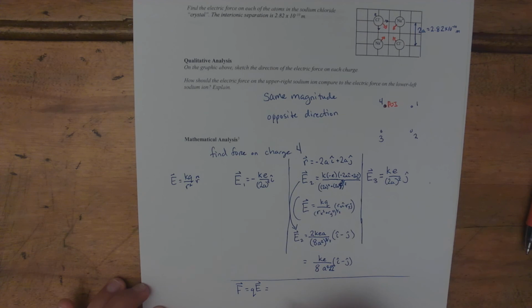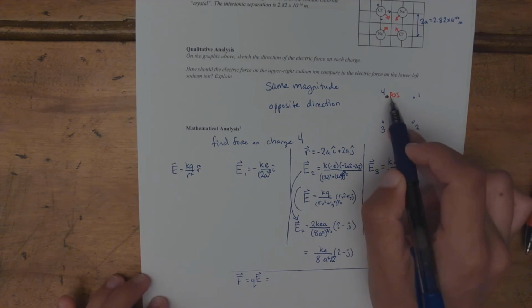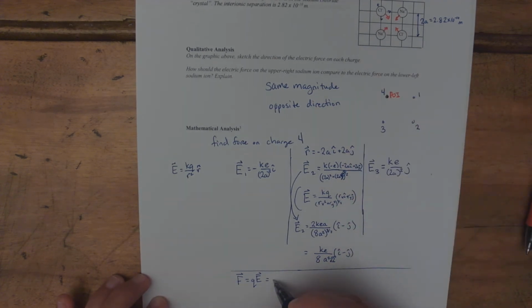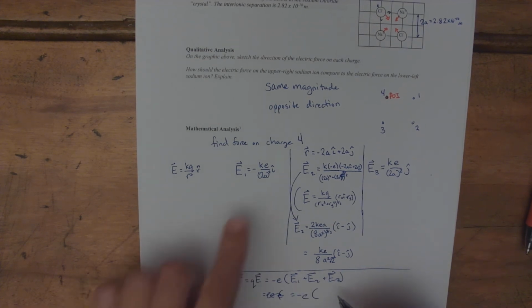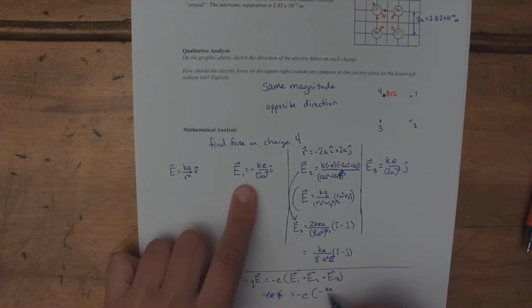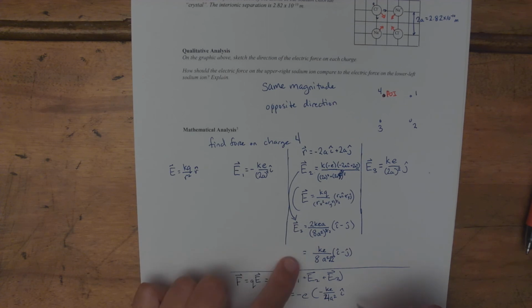So our charge is charge 4, which is negative e. And this is the net electric field, so this is E1 plus E2 plus E3. Negative e times E1 is negative ke over, let's call that 4a squared in the I hat direction.